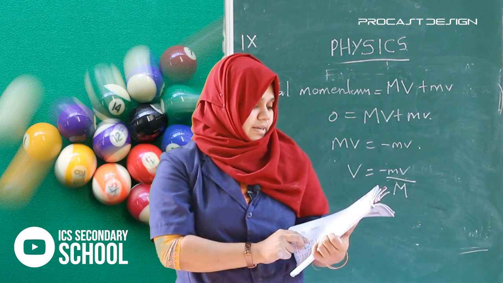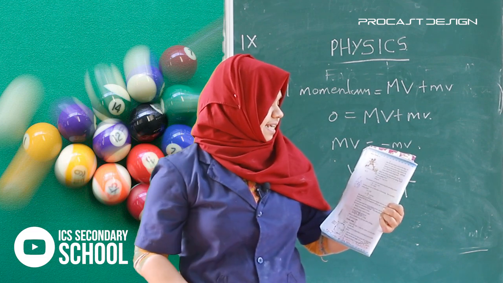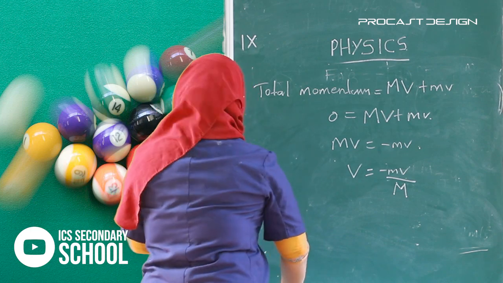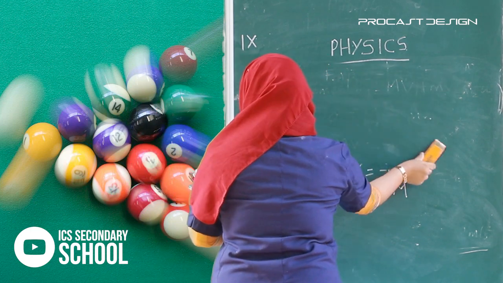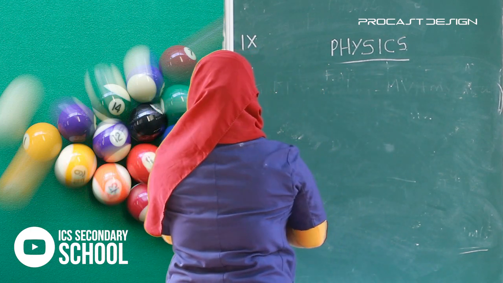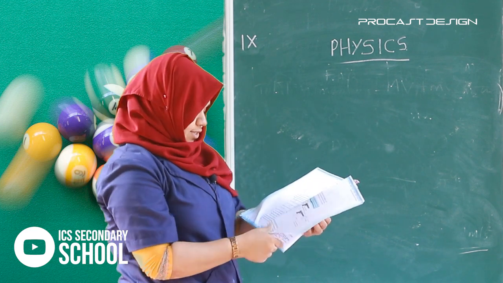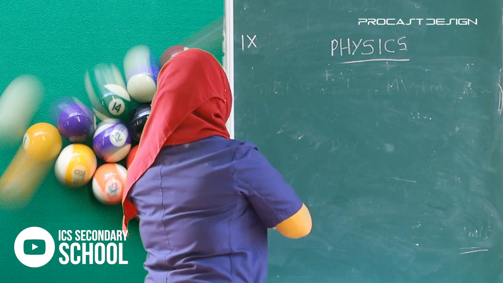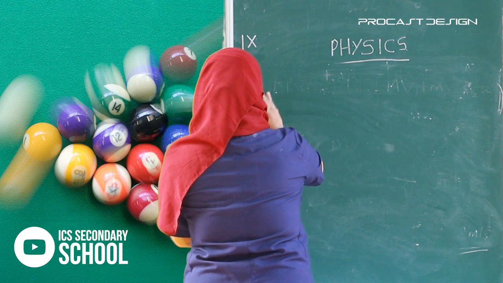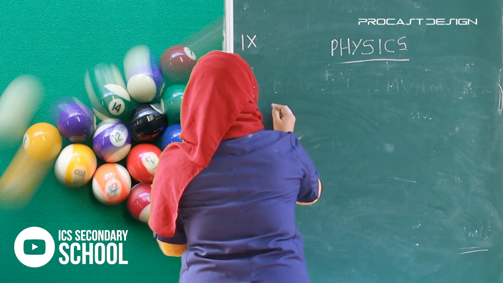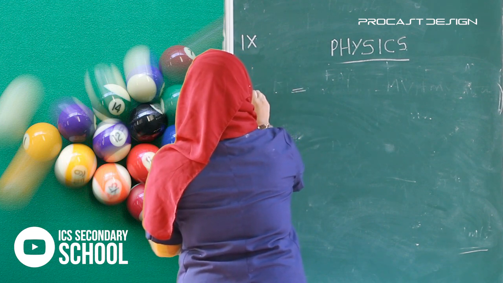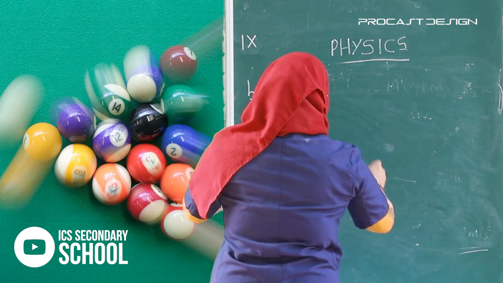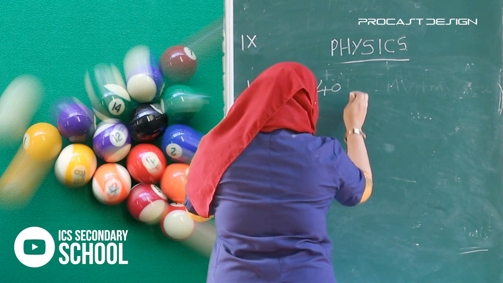Total momentum of child and skating board before jumping. All of you read this question, then you can understand. Total momentum before jumping is equal to 40 into, what is 40?